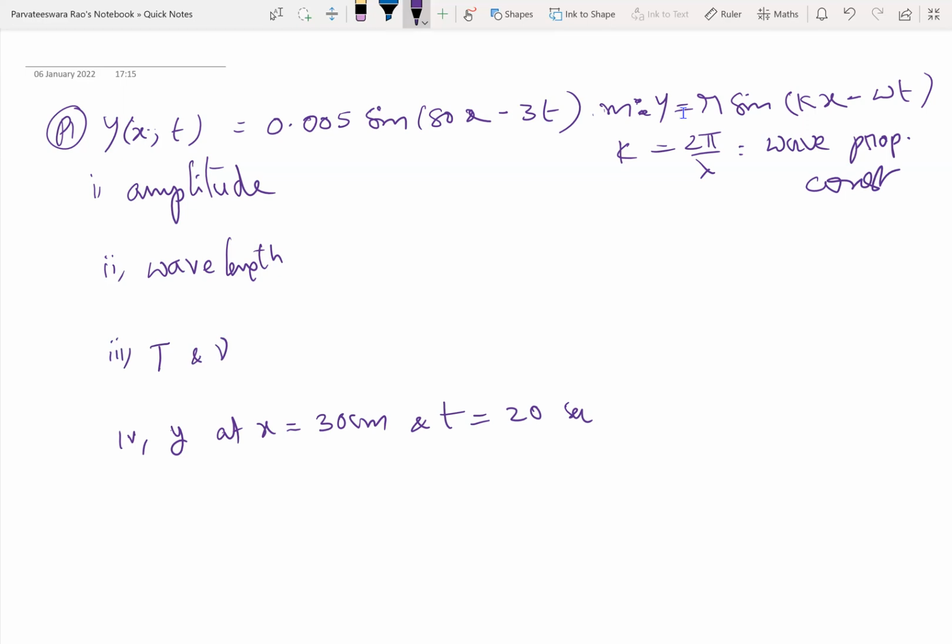R is the amplitude, omega is the angular velocity, t is the time. So on comparison, we'll be getting R is equal to 0.005 meters or 0.5 centimeters directly.